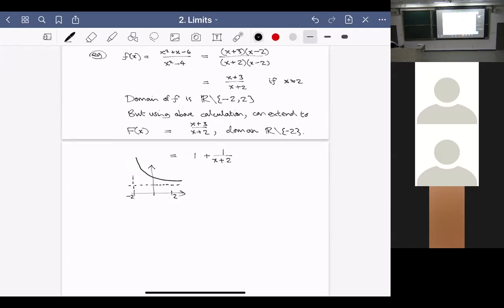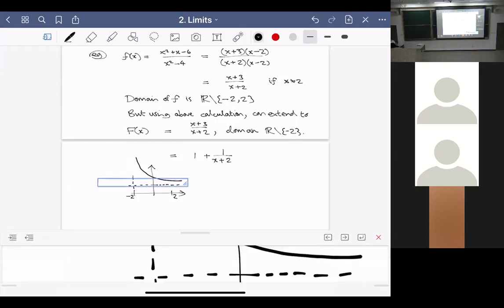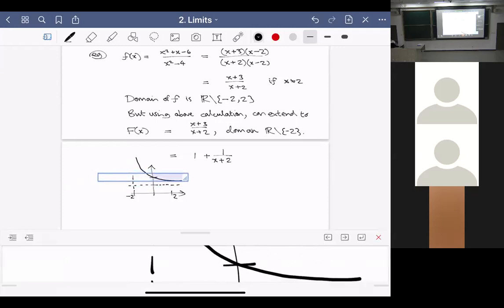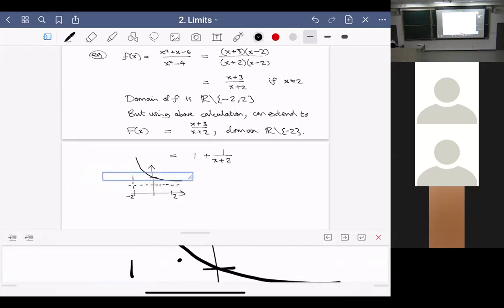So we can see why minus 2 is not in the domain, because there, well, for the same reason that 0 is not in the domain of 1 over x. I'm going to draw in the y-intercept here, that's 3 over 2.